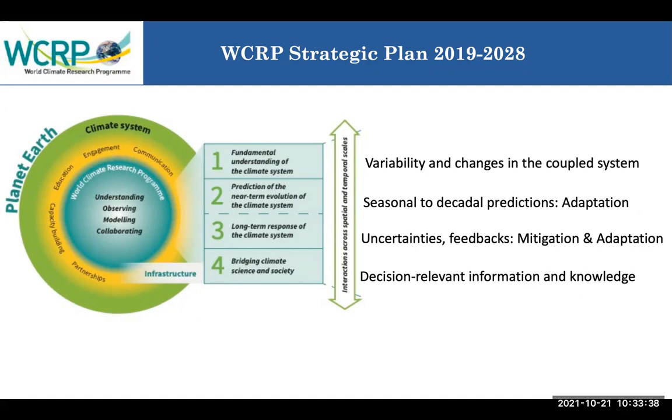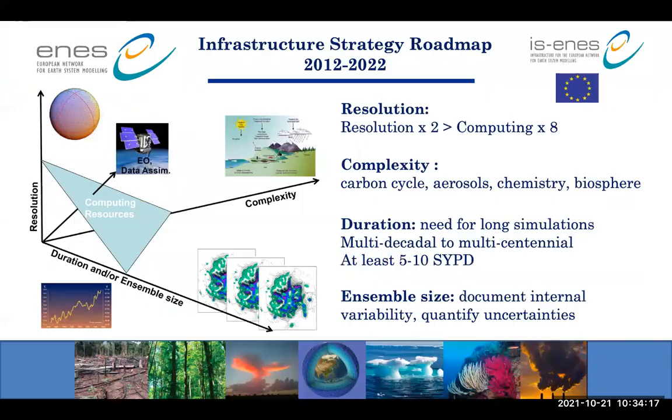On those topics, there is the need to better understand the variability and changes in the coupled system, to better predict seasonal to decadal time scales, and this is quite key for adaptation policy, but also to better understand uncertainties and feedbacks in the system, which is quite key not only for adaptation, but also mitigation, which is the longer term response of the system, until the end of the century and even longer. And also to bridge the gap with our society and be able to provide information and knowledge which is relevant for decisions.